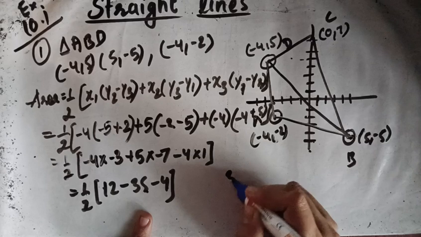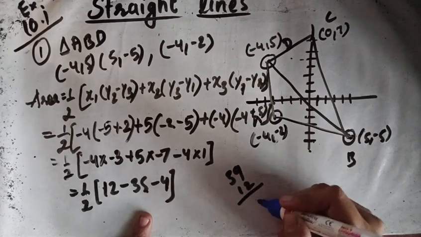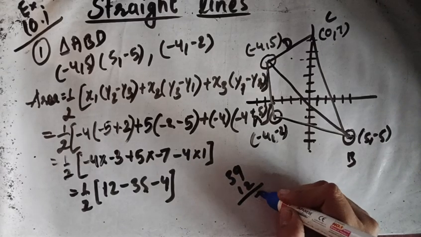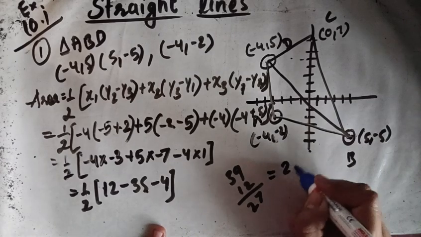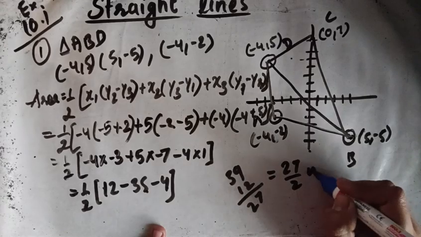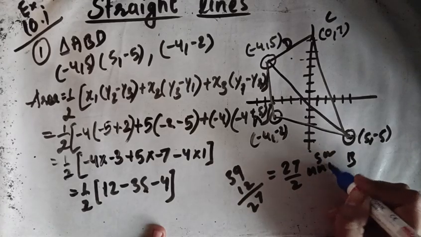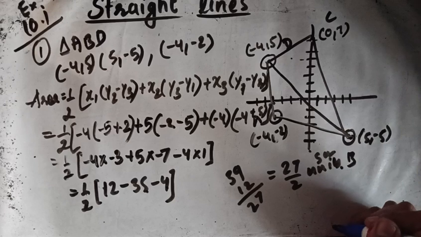So this is 39 minus 12, 27 by 2 square units. Okay, so this is one part.